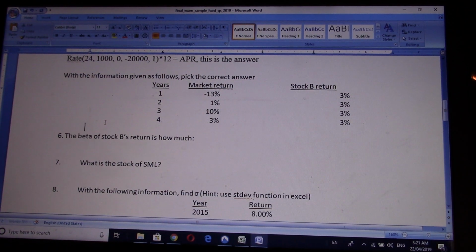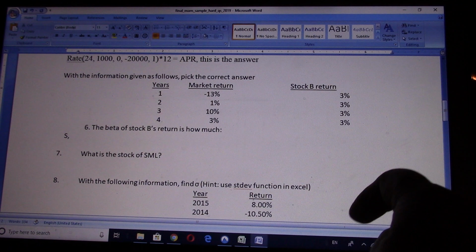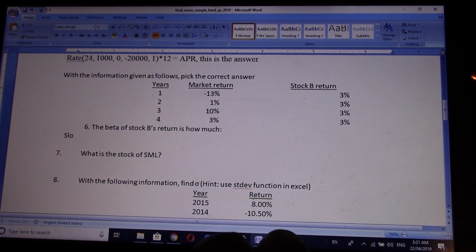You see the market return in the 4-year period and stock B's return in the 4-year period. The question is asking how much is the beta of stock B. We didn't mention it in class, but you can use the slope function in Excel to get the beta of the stocks.